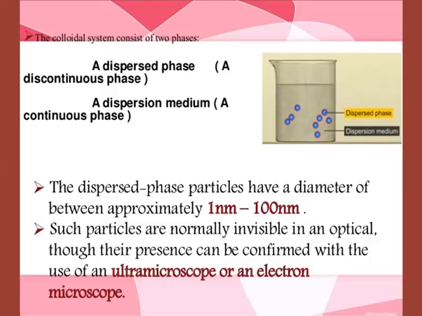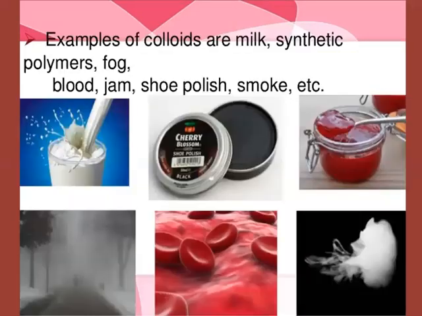A dispersion medium is the continuous medium where the dispersed phase particles are present. Examples of colloids are milk, synthetic polymers, fog, blood, jam, shoe polish, smoke, etc.